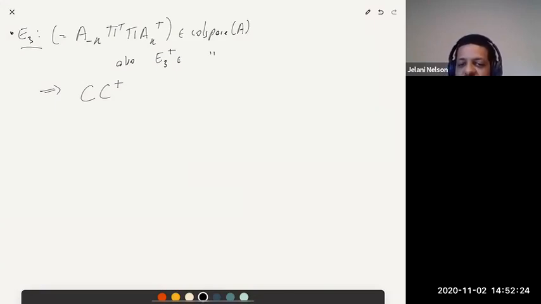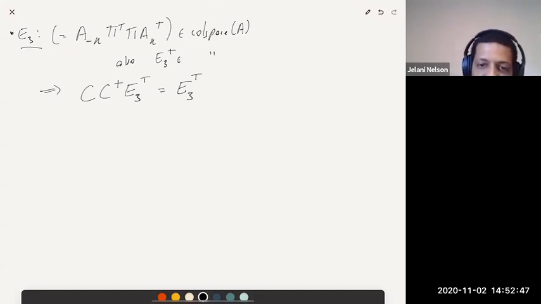So the column space of C is the same thing as the column space of A. So CC plus is just the projection on the column space of A. So if you apply it to E3 transpose, this is just E3 transpose, because E3 transpose has columns that are already in the column space of A. So if you project it, you're not changing anything.